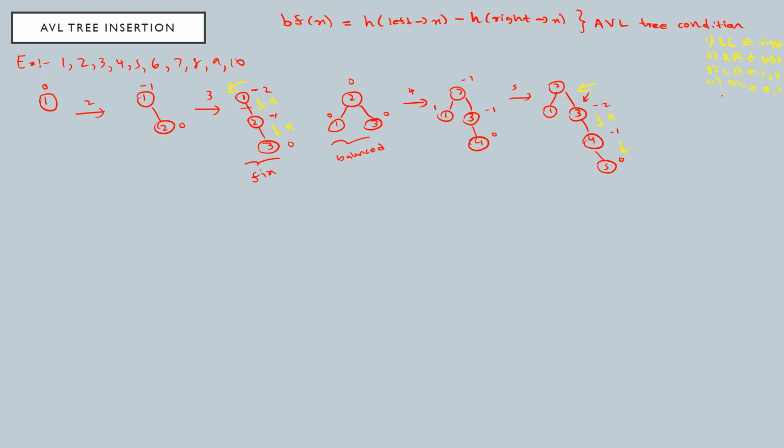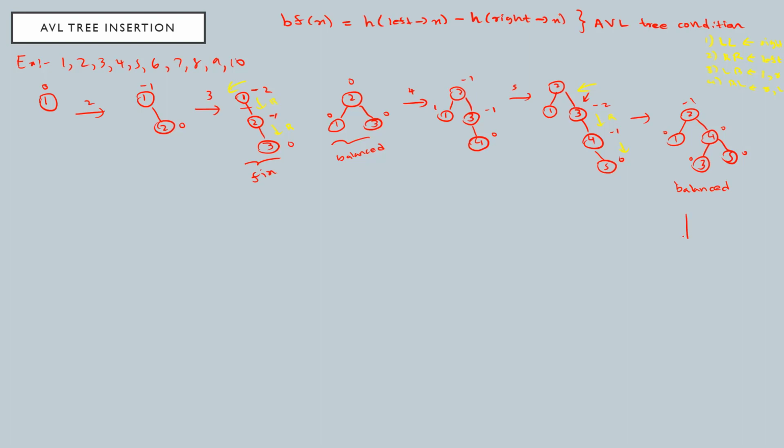It will make my tree like this: 2, 1, 4, 3 and 5. So the balance factors are 0, 0, 0, again 0 and -1. See, now it is balanced again.